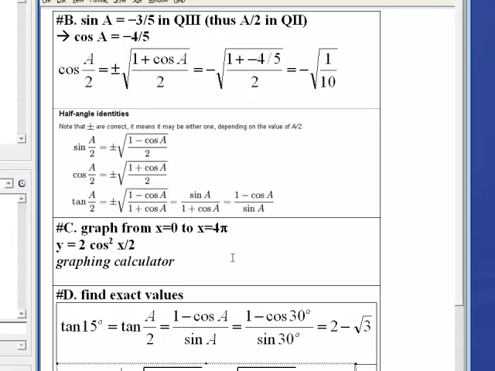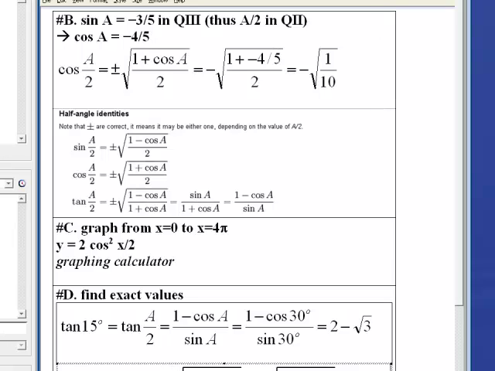Actually, I may want to write that down. Sine A over 2 equals. And now we plug in the number. So the degree is actually 210 degrees.